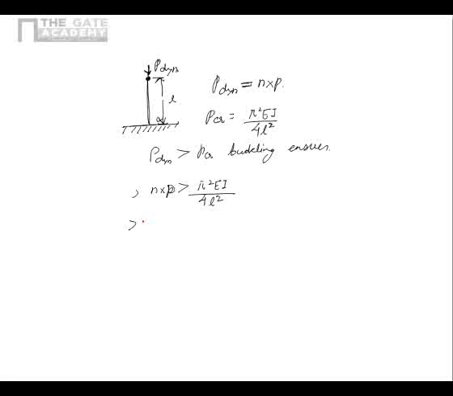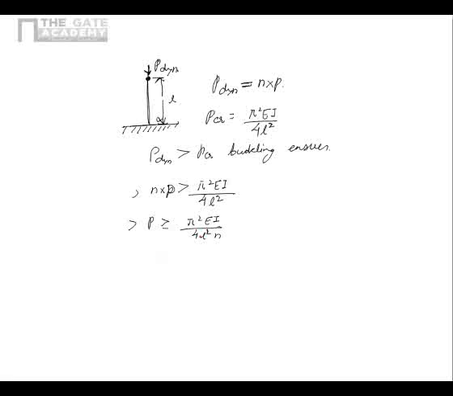What that means is that P should be greater than or equal to pi square EI upon 4L square into N, where N depends on the speed of loading, and the height from which it has dropped or something like that. But that's not the important thing.